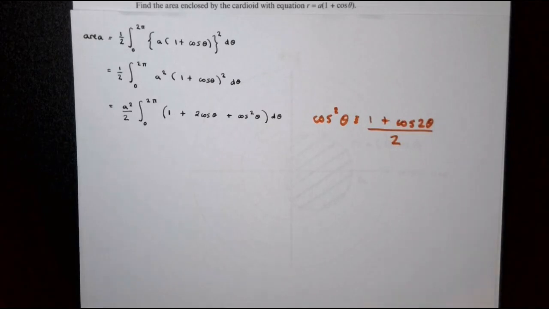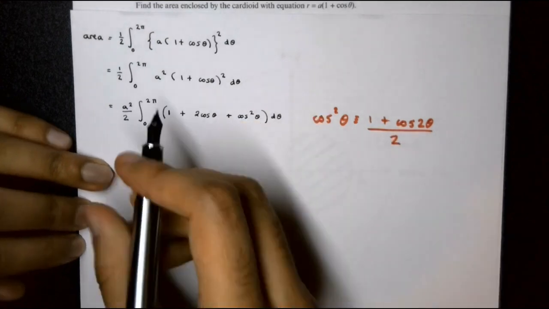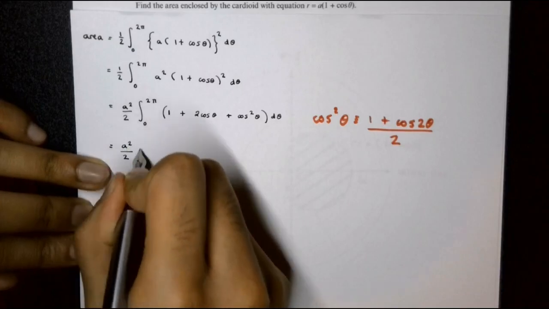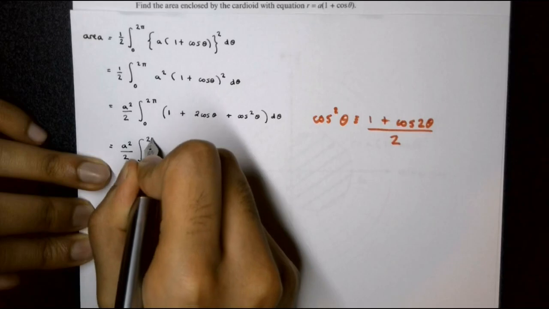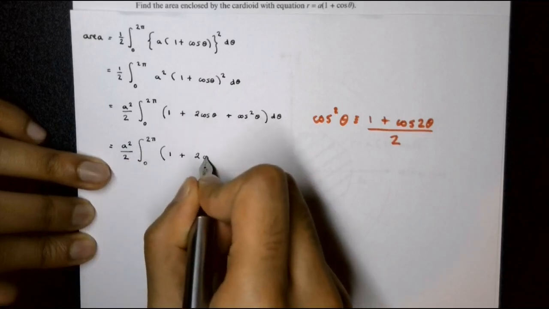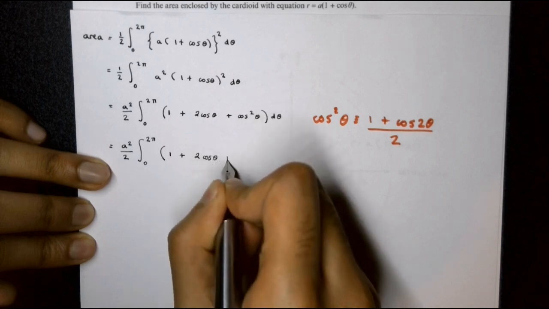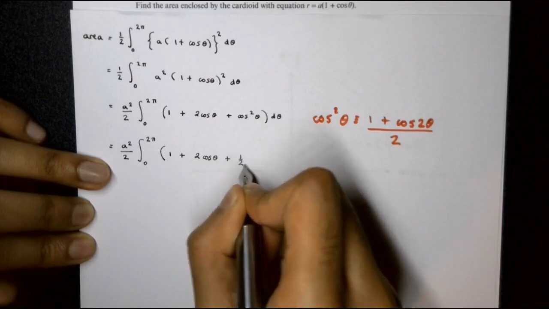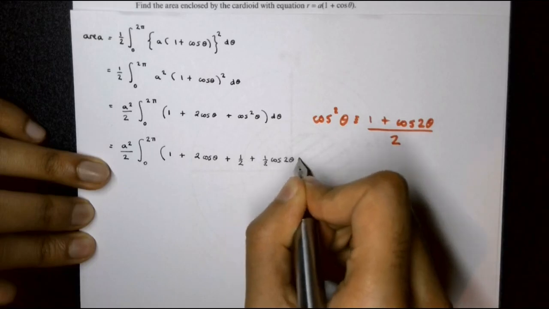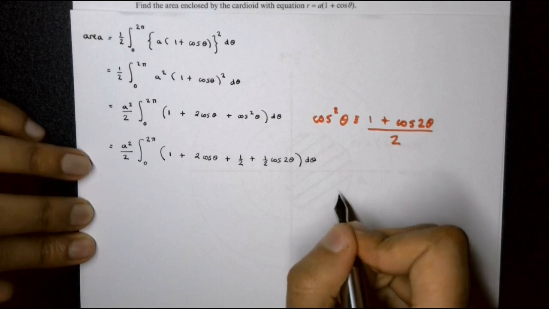So if we replace this with what we have over here, you can see we've got a squared over 2 lots of the integral from 0 to 2 pi lots of 1 plus 2 cos theta plus 1/2 plus 1/2 cos 2 theta, and we're integrating this with respect to theta.